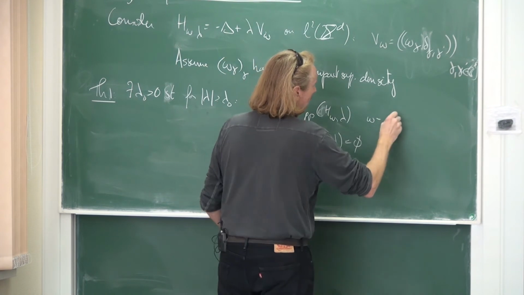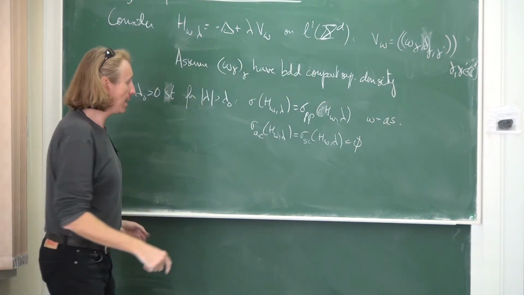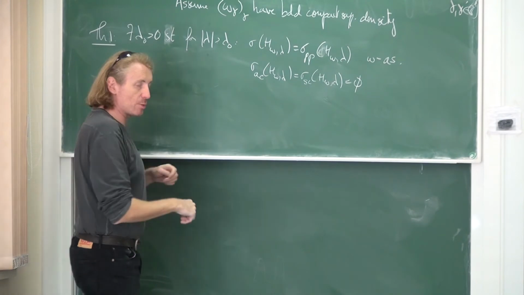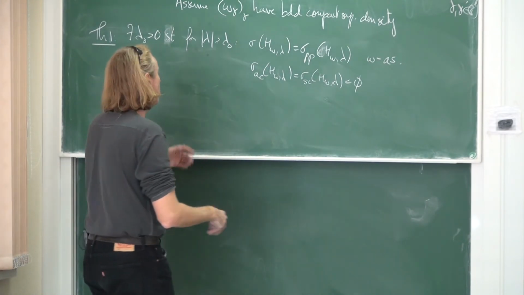And this is ω almost surely. That's the first thing. This is what is called Anderson localization.